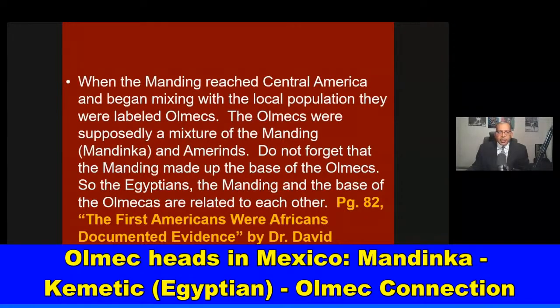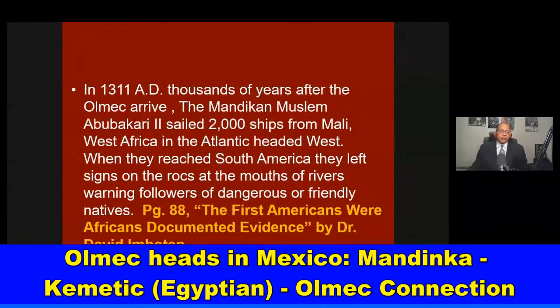Okay, this comes from page 82 of The First Americans Were Africans, documented evidence by Dr. David Imhotep. His book is a fantastic book, and his first book is out of print. The second book came out in 2021, and that's available at Amazon. The First Americans Were Africans, revised and expanded.